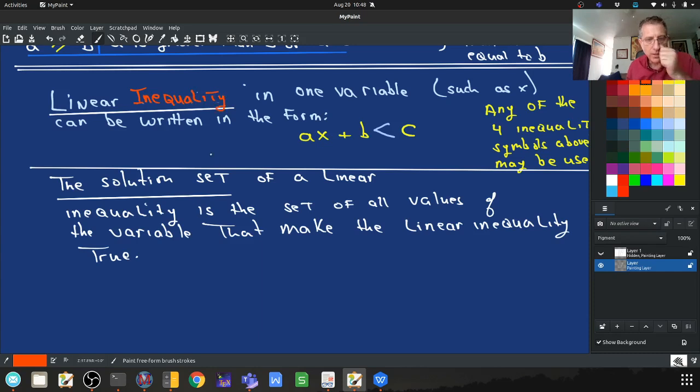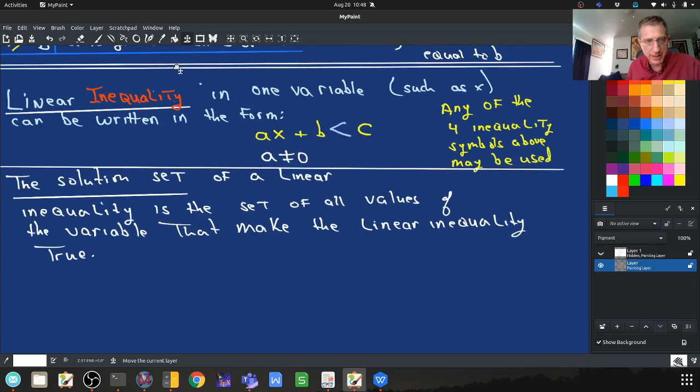A linear inequality in one variable, such as the variable x, can be written in the form ax plus b is less than c, where a is not equal to 0. It's not always written in this form, but any of them could be changed to be in this form. I arbitrarily chose the less than sign there, but over here I make the note that any of the four inequality symbols could be used instead.